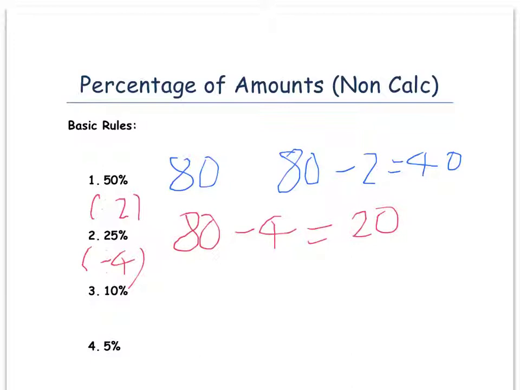To find 10% of 80, you divide by 10, which is 8. So to find 10%, to find a tenth of 100%, which is 10%, you divide by 10.